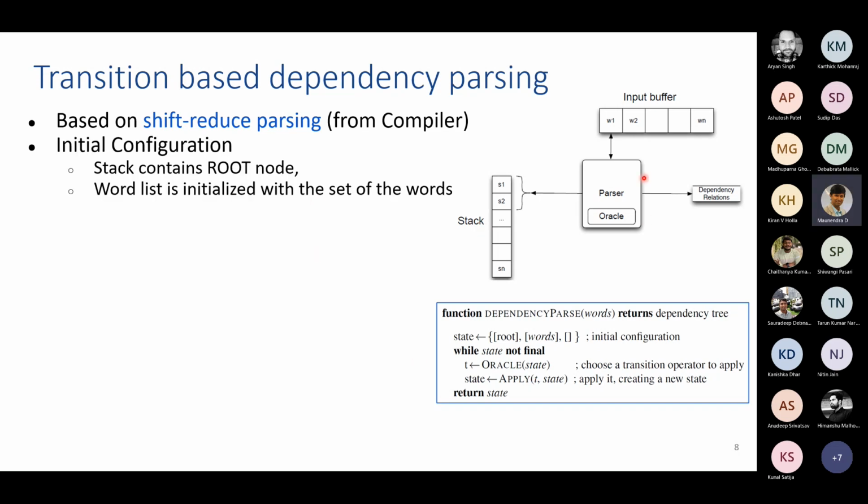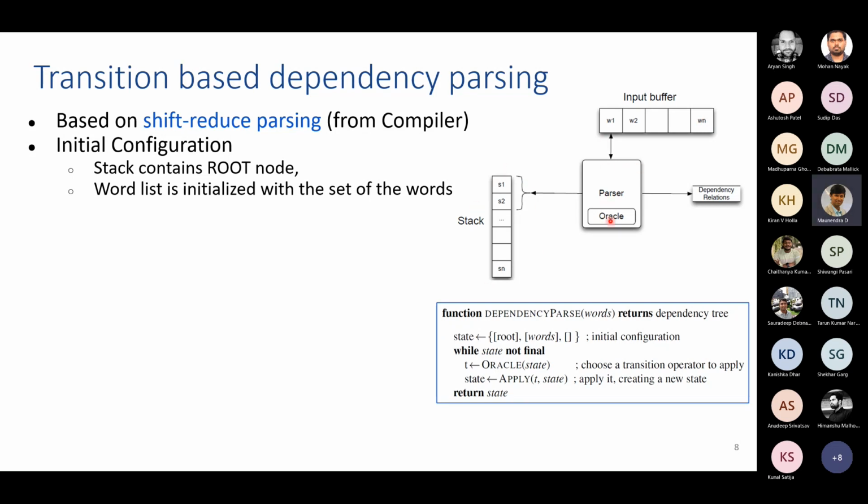Here, this is the parser, which will make the decisions regarding shift, reduce, or some other associated decisions. There's an input buffer from which the tokens will be consumed, and it also maintains a stack.